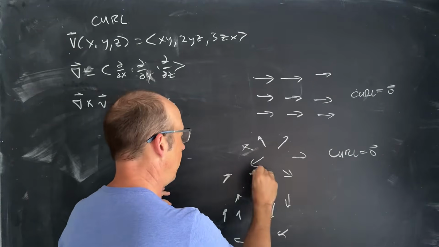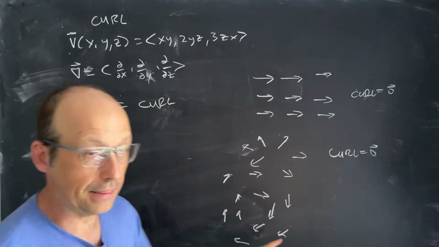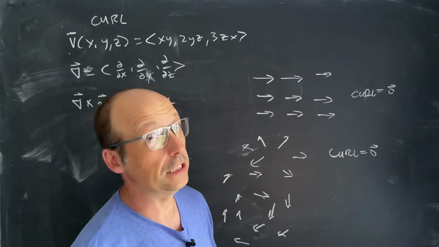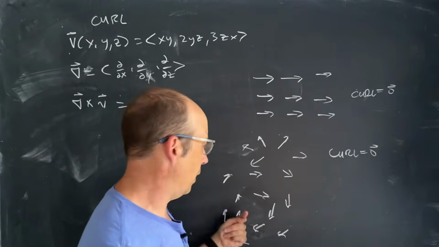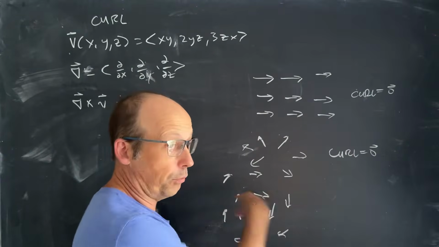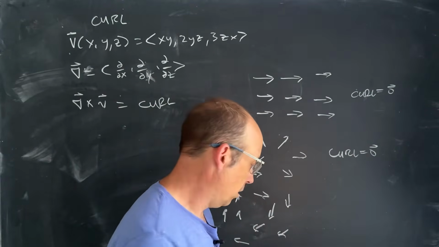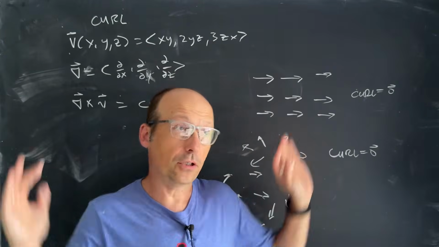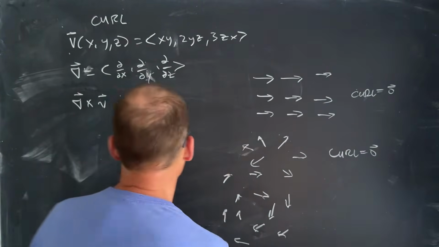So it's wrapping around and making these circular shapes like that. That has a non-zero curl. And the vector in that case would actually be, using the right-hand rule, into the board. But that doesn't really matter. Okay, so it's a measure of how much it wraps around. That's what the curl does.